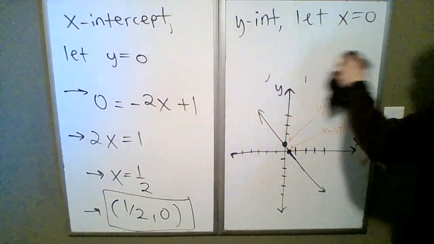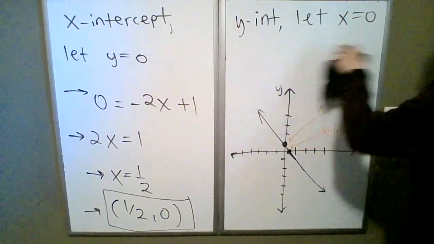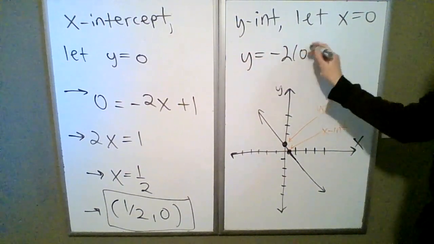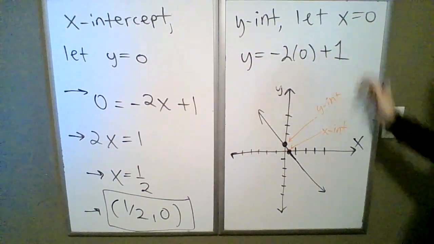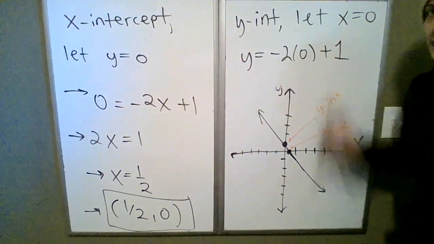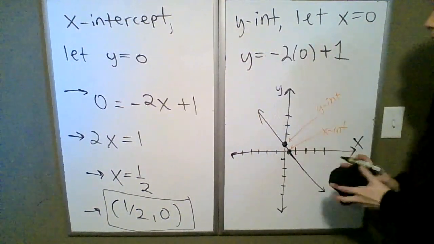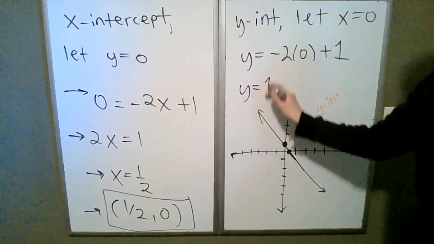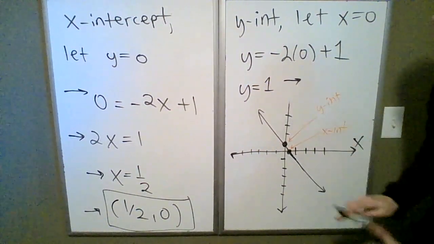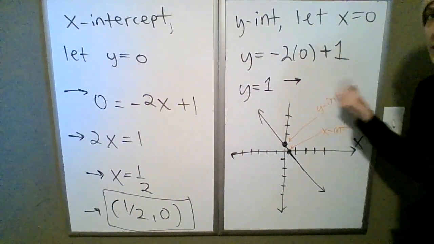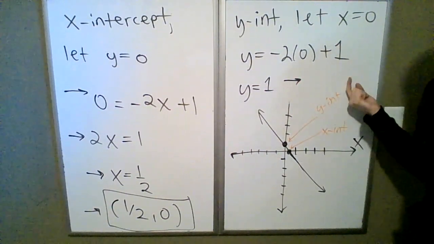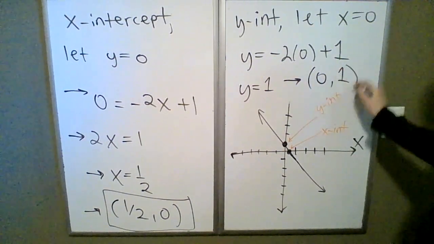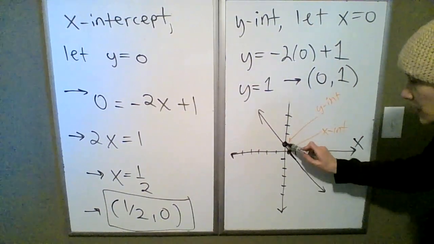Y is equal to -2 times 0 plus 1. So y is equal to 1. This is just going to be 0. Okay, so the point is x, y, where x is 0 and y is 1. It's that point right there.